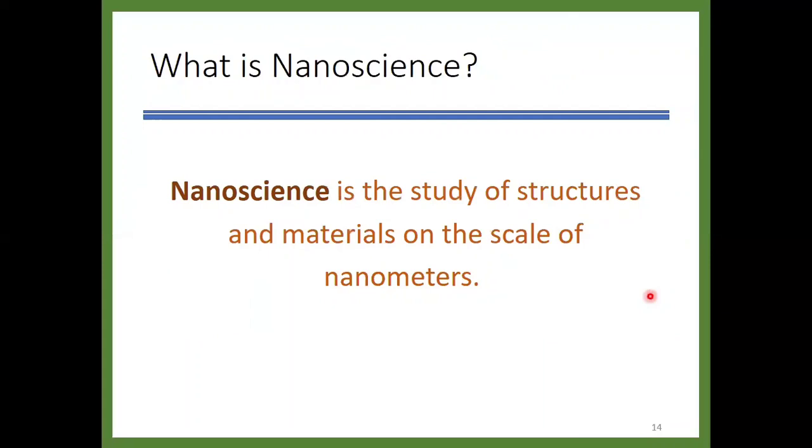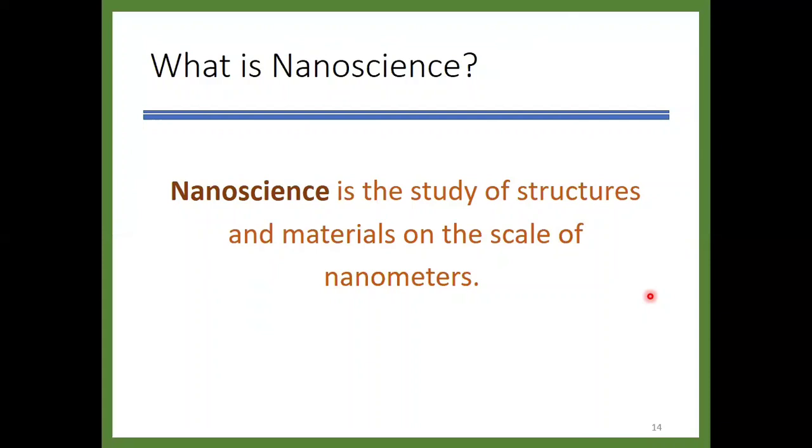Okay, now we will come to a formal definition of nanoscience, right? With all this, now I think you can understand it. Nanoscience is the study of structures and materials on the scale of nanometers. What does it mean? Science is always understanding, right?